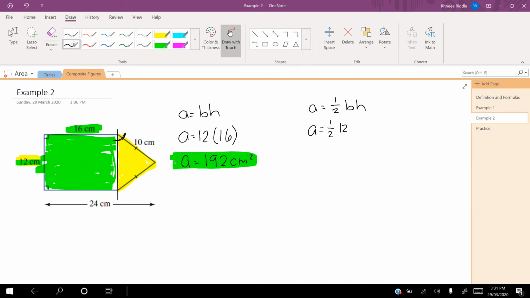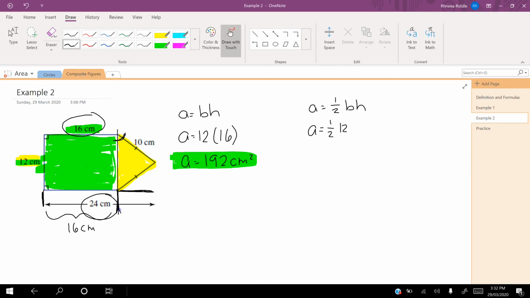So what we end up having to do is notice that this length is part of this 24 centimeters, and the same thing as this 16 centimeters is also part of this 24 centimeters. So if we know from this portion to this portion, that is 16 centimeters.